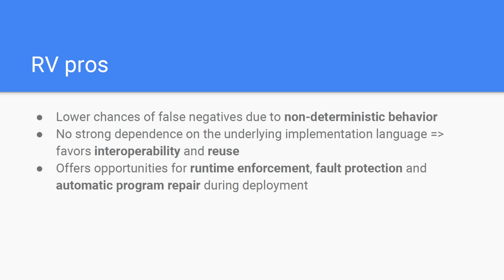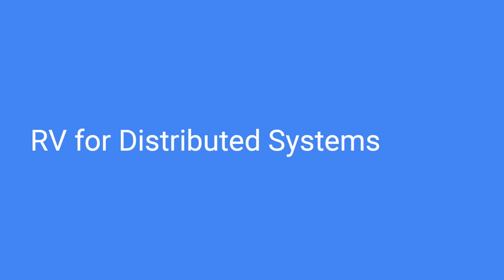And, as I told you, if you want to use runtime verification not only for testing, but also for trying to handle errors during the execution, so at deployment time, then you have opportunities for runtime enforcement, for protection, and so forth.